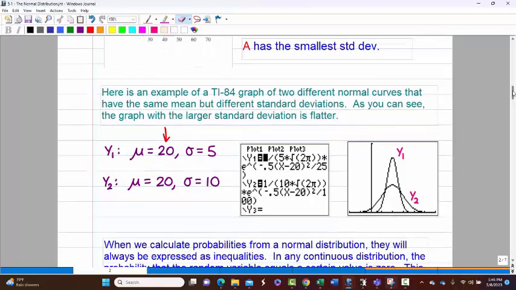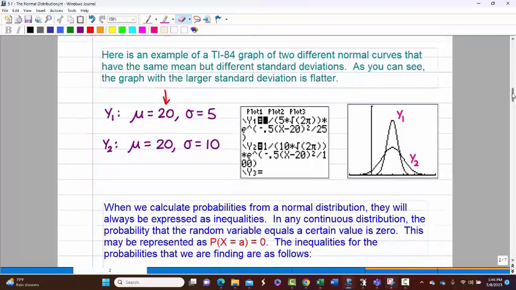Okay, let's come down here. Don't worry about this right here, I'll just skip over this. I put this in a calculator just for fun. You had to really play around with the scales on the axis, but I put that ugly equation in there, and I did one with standard deviation 5 and one with 10.